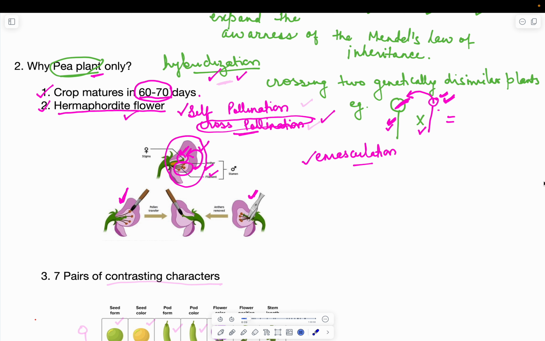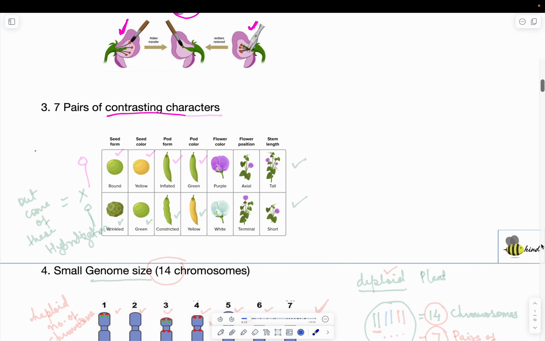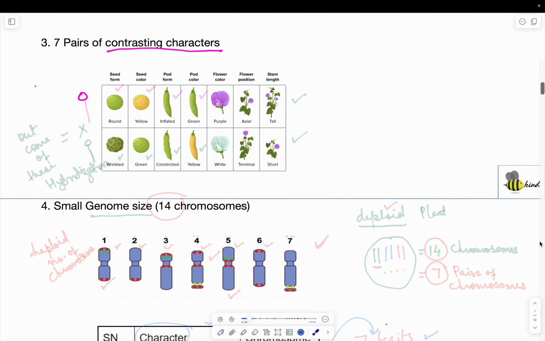It's very simple to do self-pollination and cross-pollination or hybridization in such kind of flowers. Thirdly, pea plant has many contrasting characters. There are varieties which show round seeds, their seed color is yellow, their pod is inflated, and the pod color is green, right?